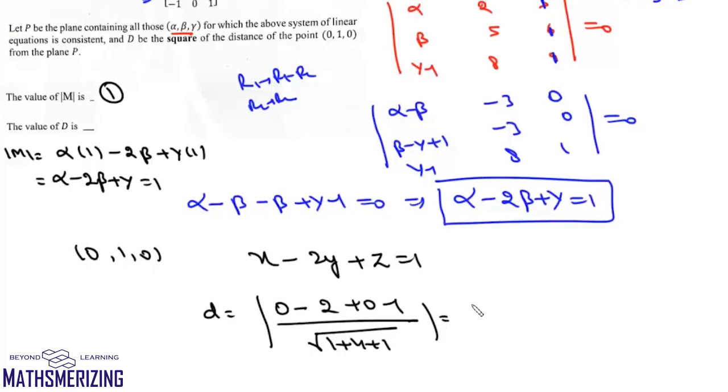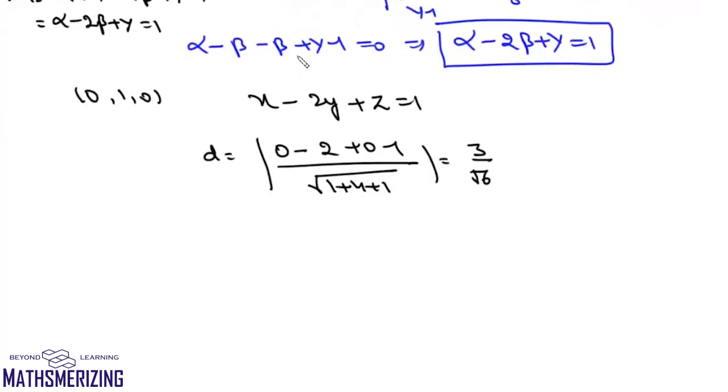So it will be simply 3 by under root 6. Now capital D is square of this distance. So if we square it, we get capital D as 9 by 6, which is 3 by 2. So value of D is simply 1.5.